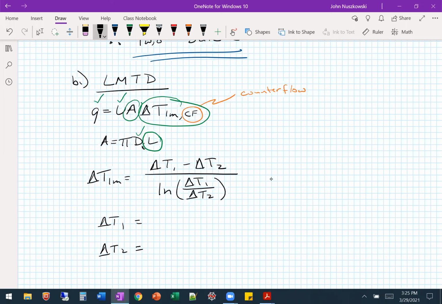Delta T1 is the temperature of the hot inlet minus the temperature of the cold outlet. Delta T2 is the temperature of the hot outlet minus the temperature of the cold inlet. And for us, which one's the hot fluid, and which one's the cold fluid?